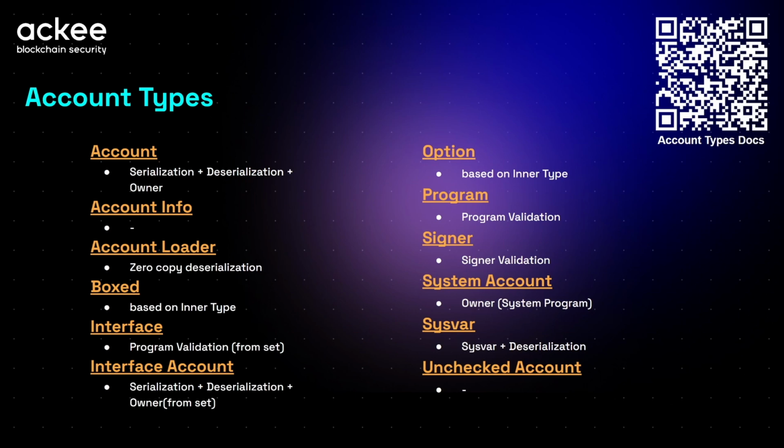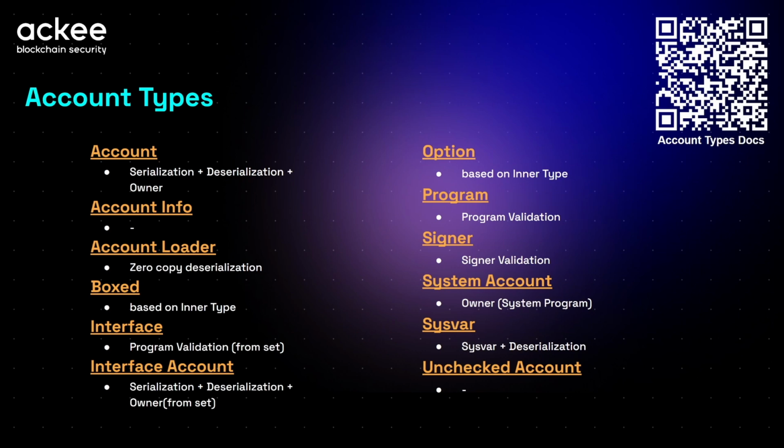And then we have a wrapper around the account info, which is unchecked account, and it is a more verbose option to say that there are no checks performed on this account. So it is basically raw account info, and either you are passing this account to the next instructions, to the next program where the checks are performed, or you are going to perform the check in your program but manually in the instruction. So these are the account types.